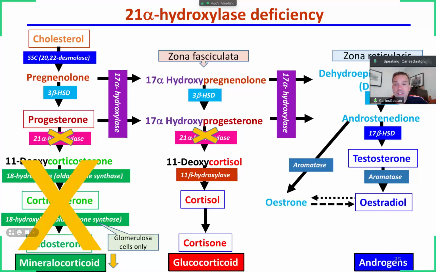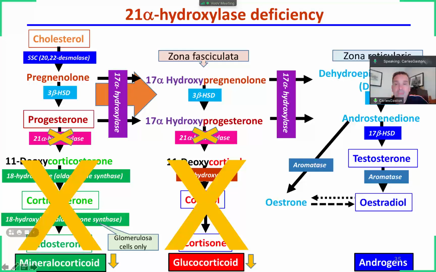Equally, if there is no 20-alpha hydroxylase, there will be no production of cortisone or glucocorticoids, right? So the pathways are stopped here, okay? In the zona glomerulosa, zona fasciculata, but there is a lot of these sub species of pregnenolone and progesterone.